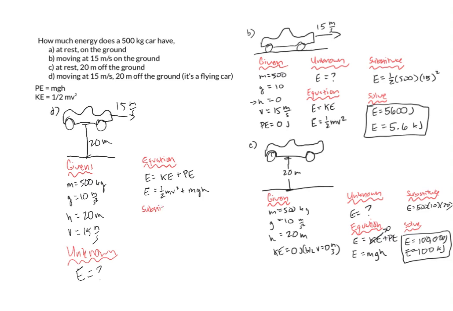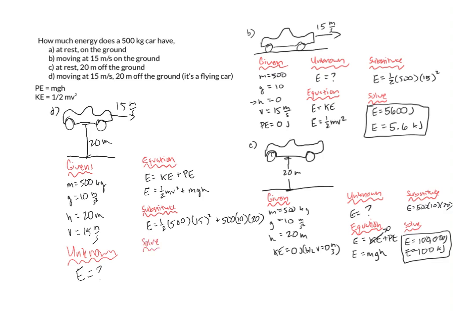So let's go ahead and put in some numbers. So my energy is equal to 1/2 times m, which is 500, times v squared, so times 15 squared, plus m again, so 500, times 9.8, times my height, which is 20. And I can go ahead and solve.